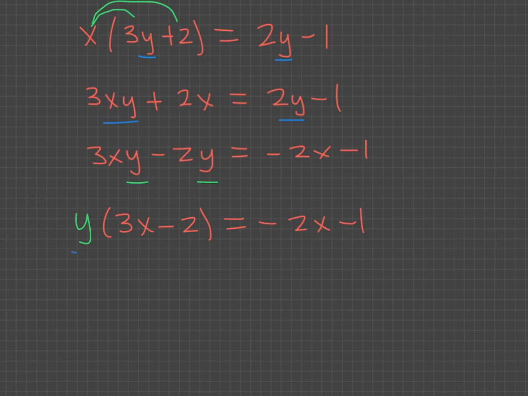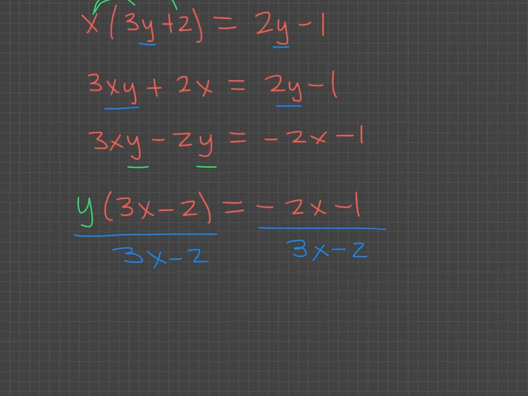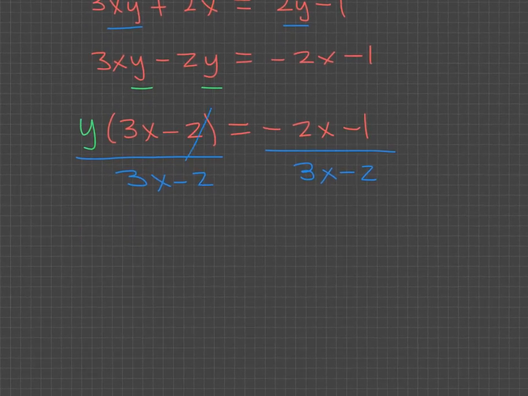We can just now divide by that 3x minus 2 to get rid of it. And we do that on both sides. So it cancels out here, and we are left with y equal to negative 2x minus 1 over 3x minus 2. Whew, that was kind of a lot of work, but we solved for y.